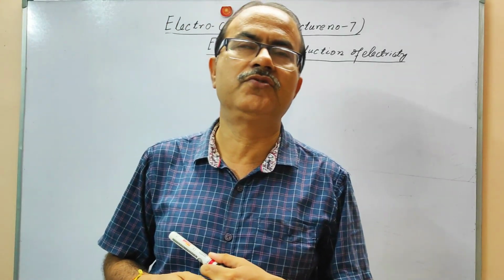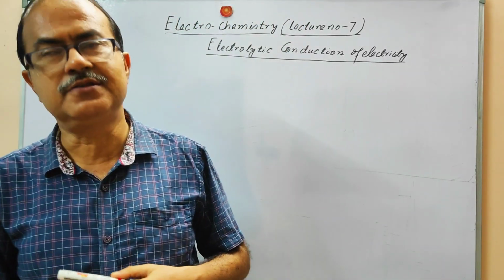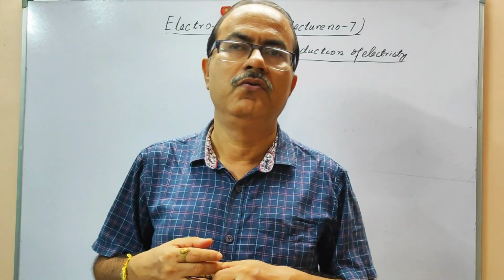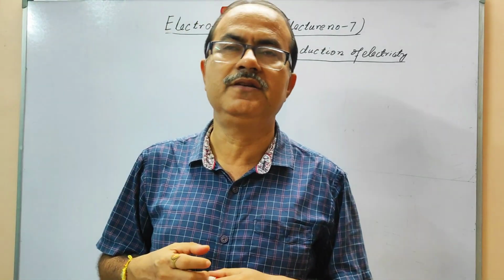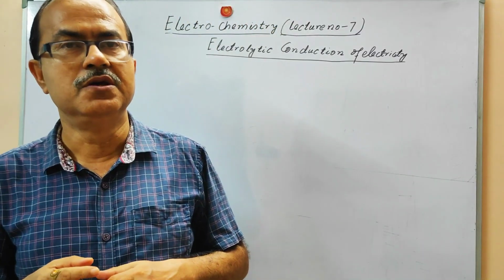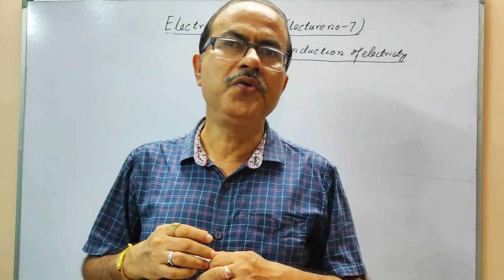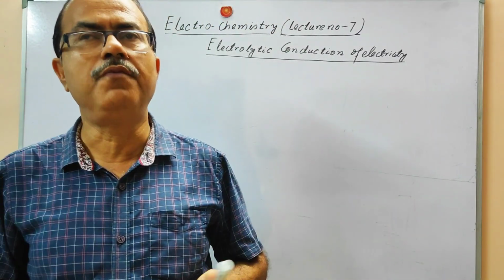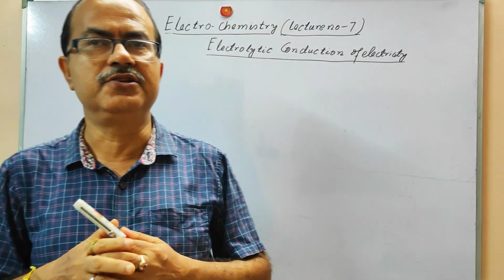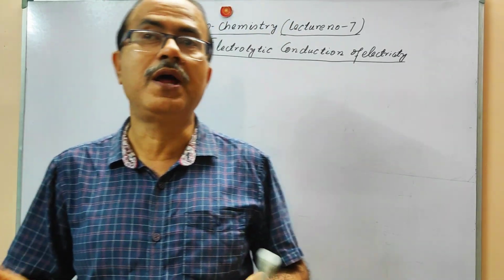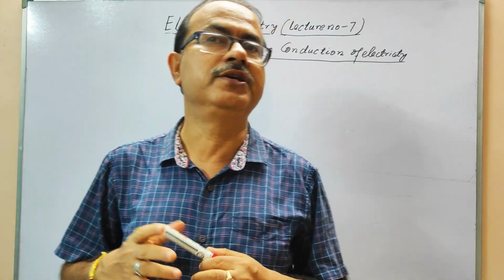In total 6 lectures have already been discussed in this topic, and we have understood different aspects of this chapter as per your syllabus. So when we are talking about the flow of electricity, the conduction of electricity through the electrolytic medium, that we are going to discuss.